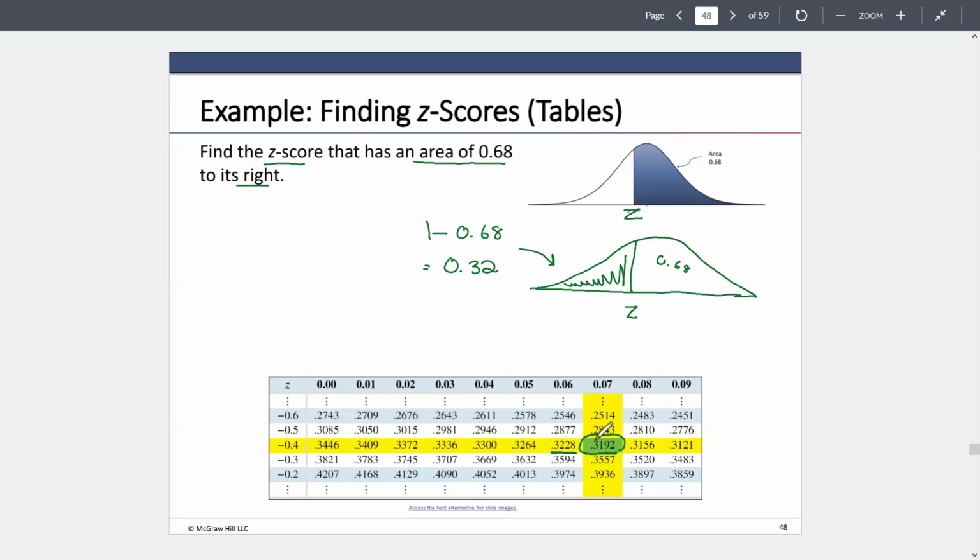Like I said, we're looking for the closest one. If I go backwards from there, this z-score is negative 0.47. So always remember, you always have to find area to the left if you're going to use a z-table. The area to the left of 0.32 and the area to the right of 0.68 are broken apart by the same z-score, negative 0.47.